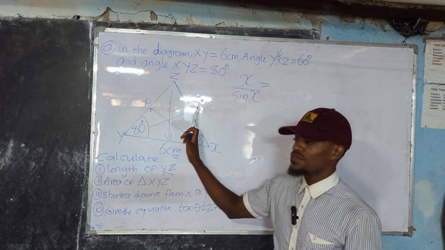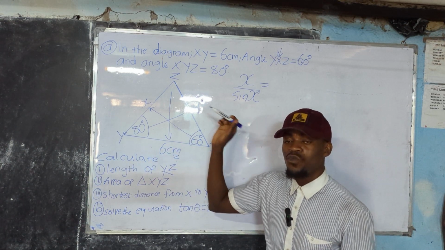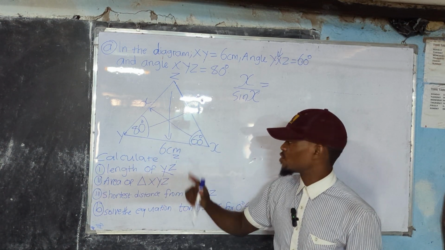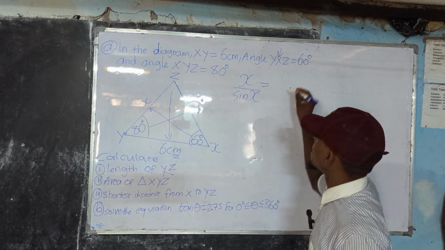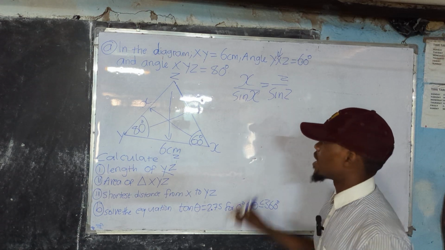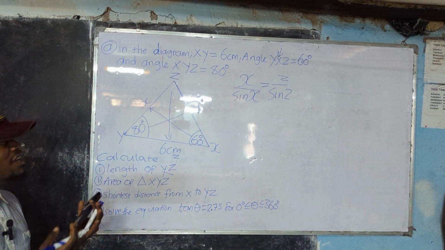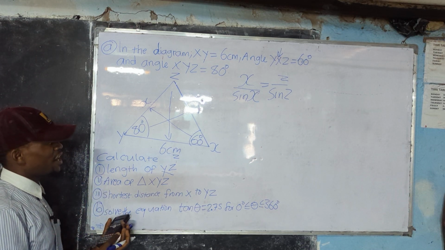Which one are we going to use? You have to be careful. You have to use the letter which has the distance. So we are going to use z over sine capital Z.